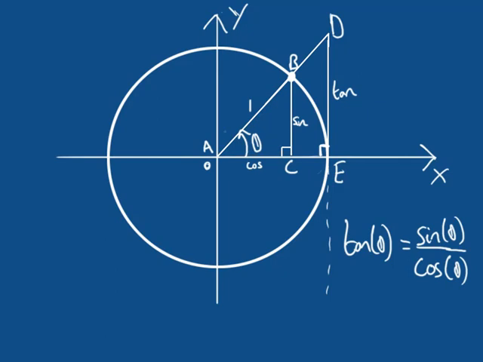However, notice that when our angle becomes 90 degrees, meaning that the line AD is pointing straight up, we know that ED, this tangent line, is always vertical. It's always going to be from this point E on our circle pointing vertically up.